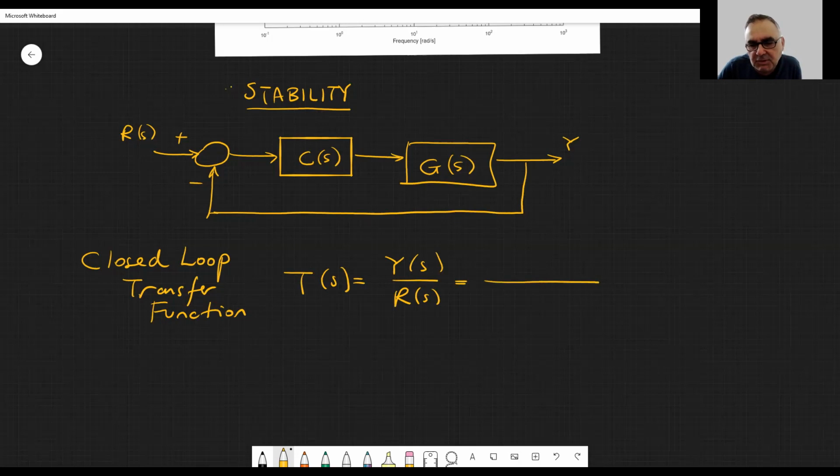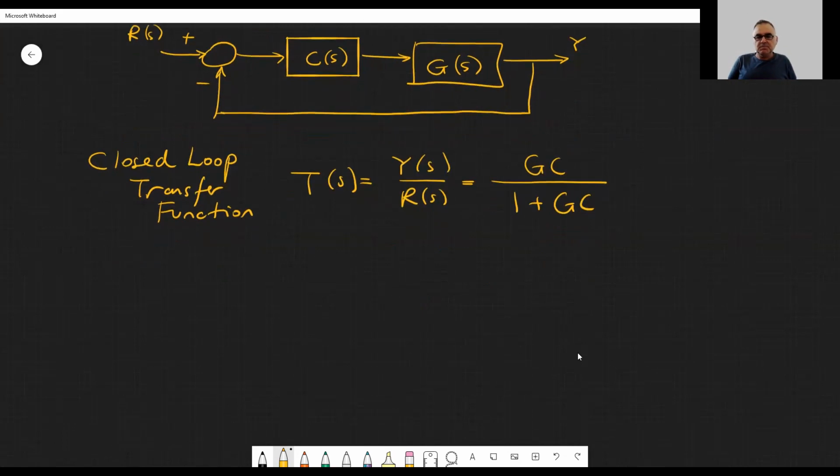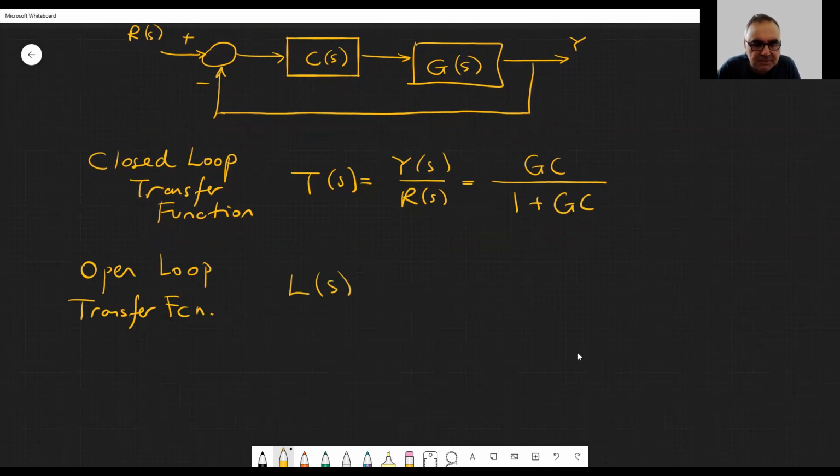And this we defined as GC over 1 plus GC, as you remember. Now the open loop transfer function, let's say L of S, and you have seen this in steady state error, is simply C times G of S.